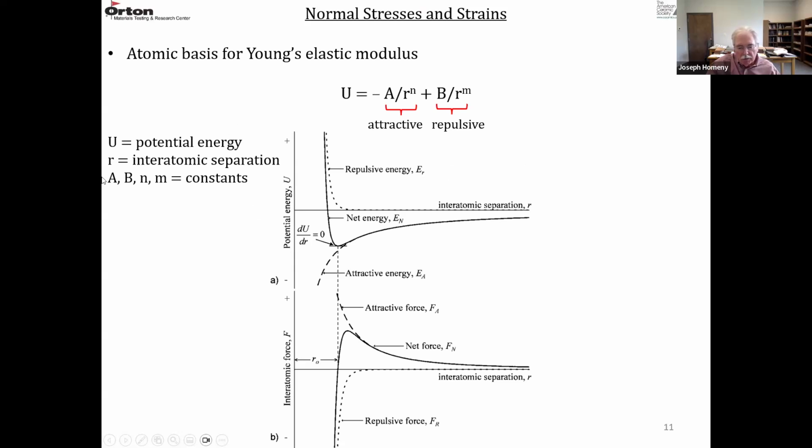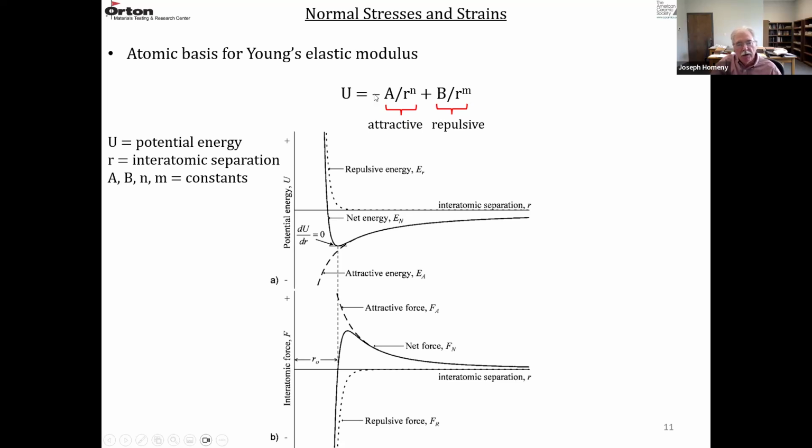So I mentioned that atomic bonds determine the elastic properties. So this is the atomic basis for Young's elastic modulus. So this equation is for the potential energy, and there's two terms here, an attractive term and a repulsive term. A, B, N, and M are constants, and R is the interatomic separation.